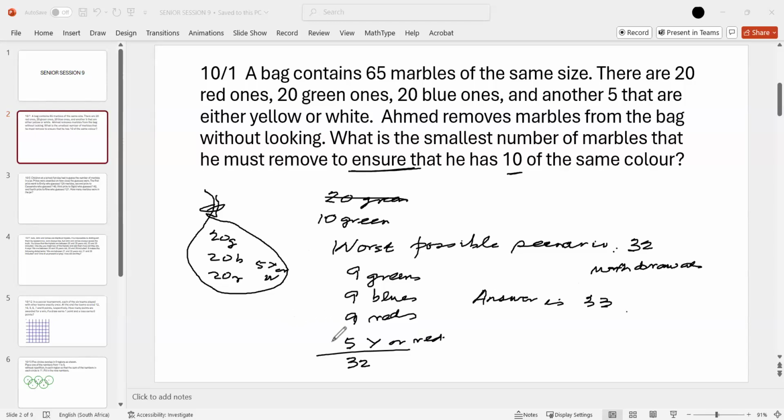And that will guarantee that he will have 10 of the same color. It doesn't really matter whatever it is, but the next one he withdraws is going to be a green or a blue or a red. And then he has his 10. Okay, so this is the first problem.